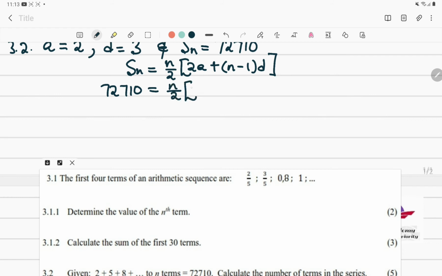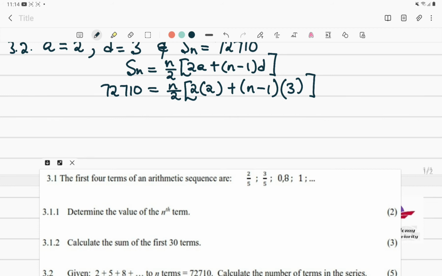72,710 equals n over 2, where n is the one we're looking for, times (2a plus (n minus 1)d). a, by the way, is 2. d there will be 3. So we can cross multiply by 2, the denominator of n.